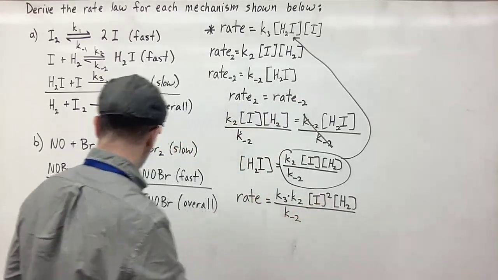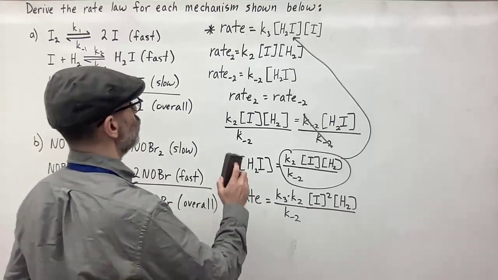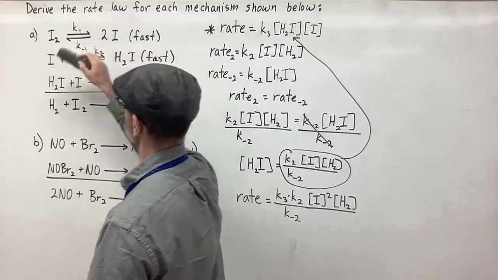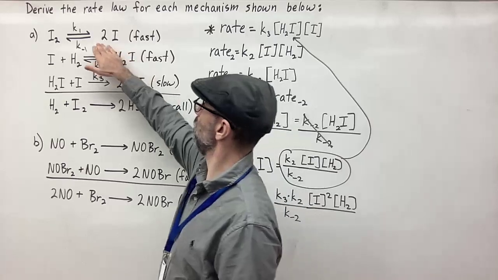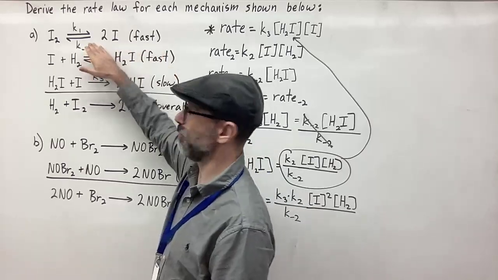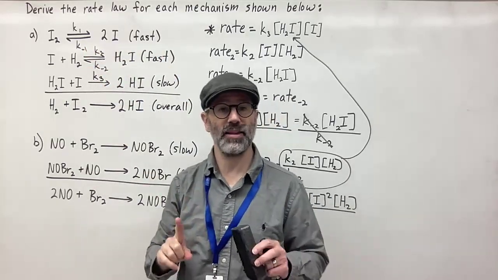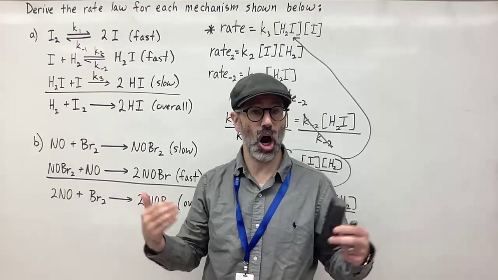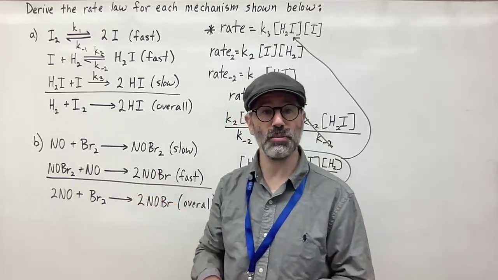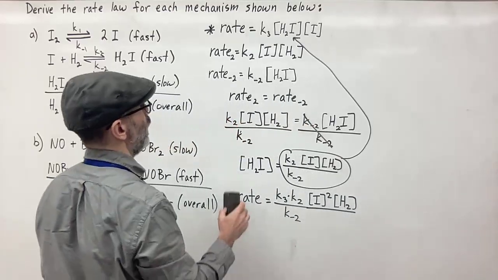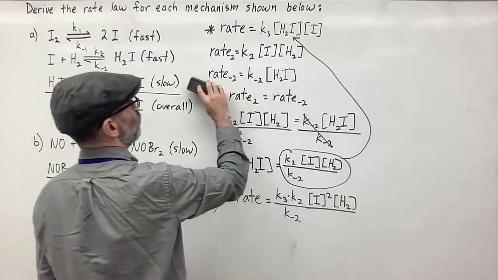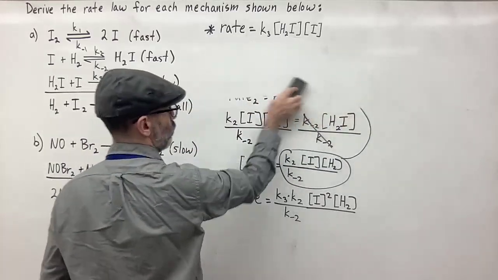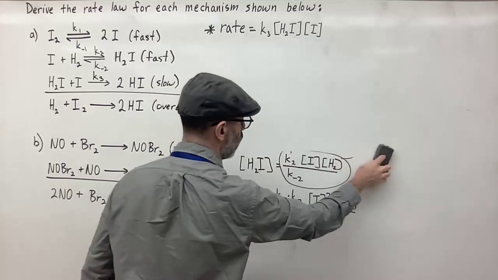So now we can go back and do the same thing for the first step. Since the first step is also reversible and fast, we can use the fact that the rates of the forward and reverse reactions are equal to do another substitution. So let's go ahead and erase this, since we don't need it anymore.